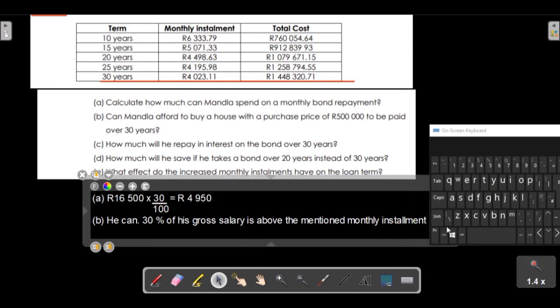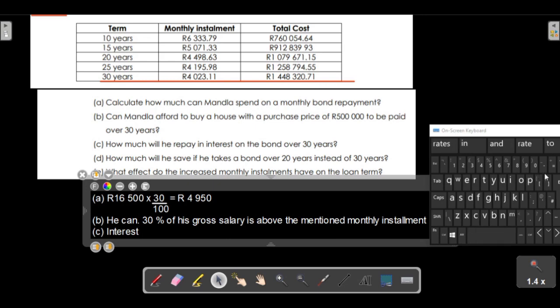C says, how much will he repay in interest on the bond over 30 years?